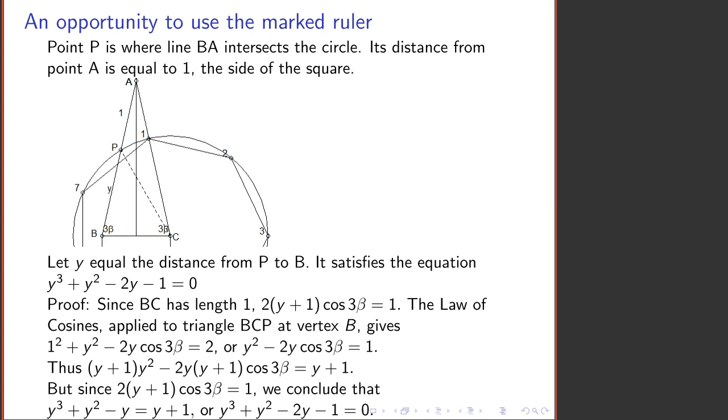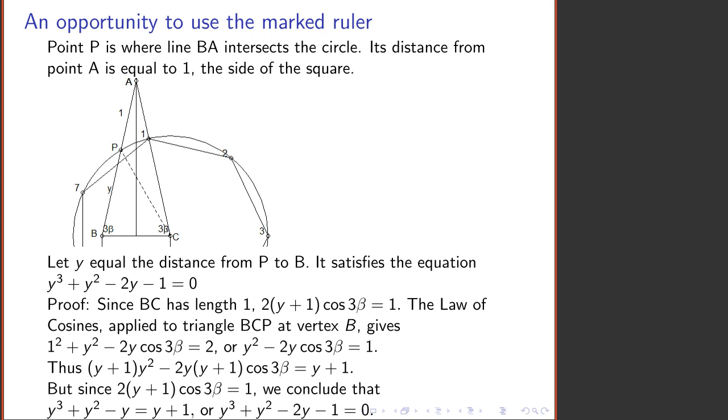I take y plus 1, I multiply by the cosine of 3 beta, and I get half the length of BC, and therefore it follows that if I take twice y plus 1 times cos 3 beta, I get the full distance from B to C, which is equal to 1, and that happens to be what's in the second term of my equation here, except for y.